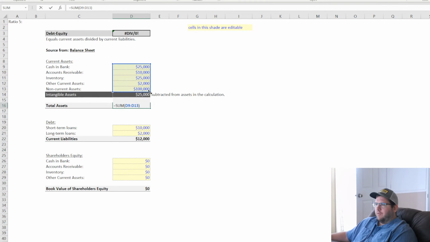We want all of this, but we want to subtract this out. So that's why this is highlighted.